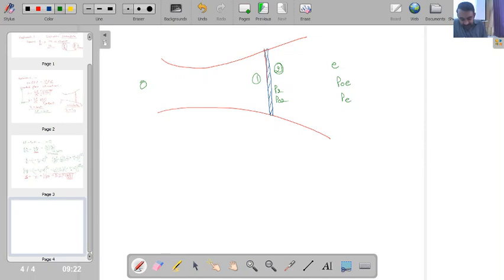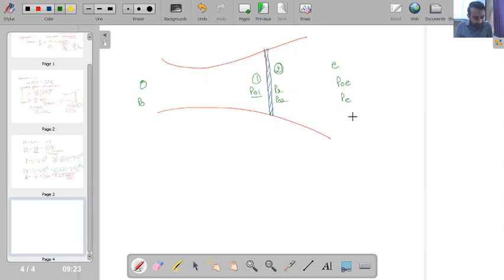Now similarly here I will be having pressure PO and PO1 over here. Okay. Now in the downstream, what is the situation? Downstream of the shock wave, I have complete isentropic flow situation.